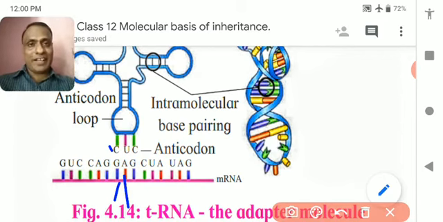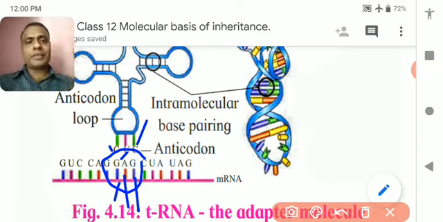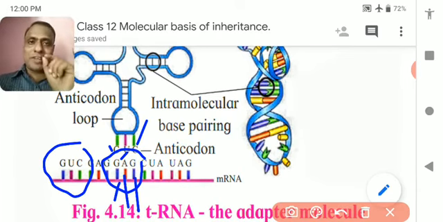It is RNA. So in case of RNA, A pairs with uracil. Similarly, G for guanine, and guanine pairs with cytosine. Hope you have understood. So it is the code. Every code carries a single message.